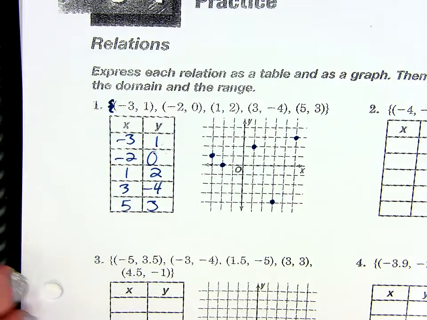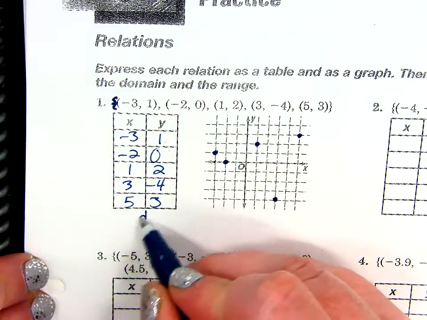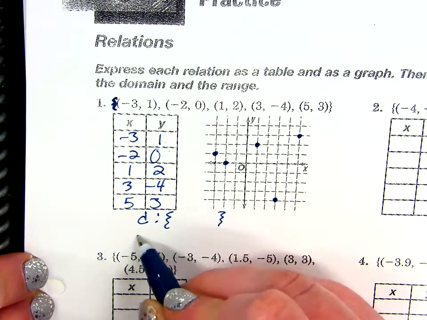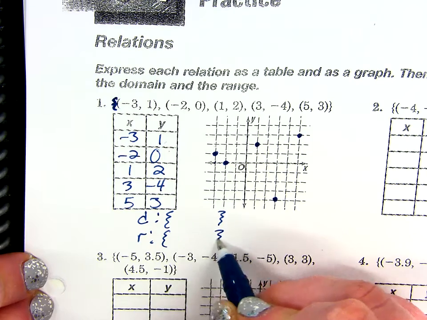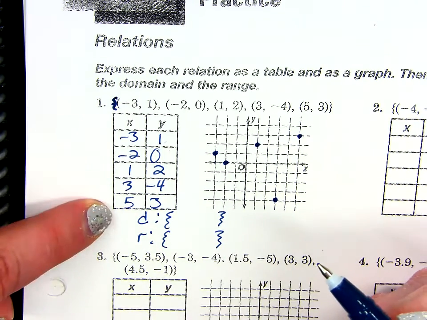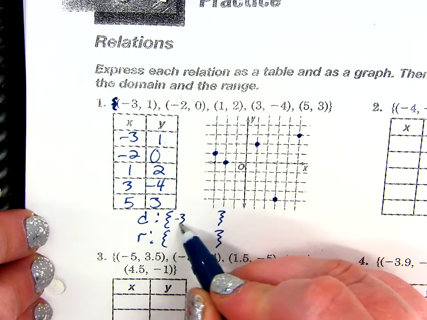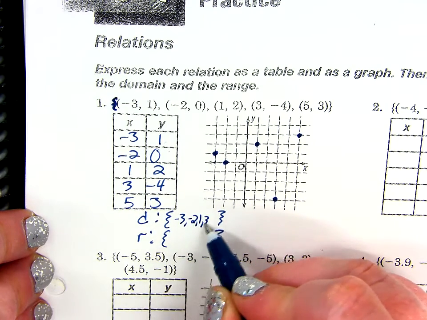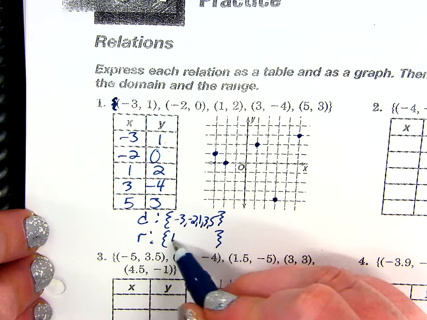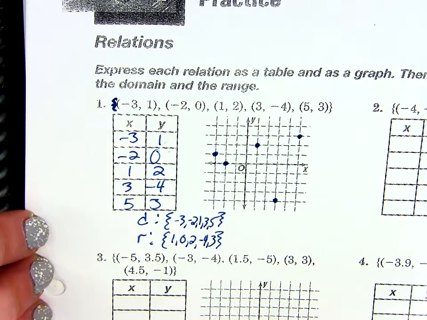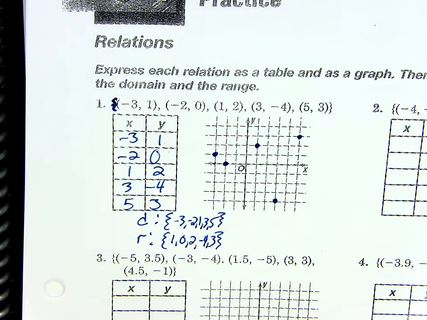And then you're supposed to give me the domain and range. So then here, if you just want to put D and then give me the domain and R and give me the range. This one didn't have any repeats, so you would have to put them all.